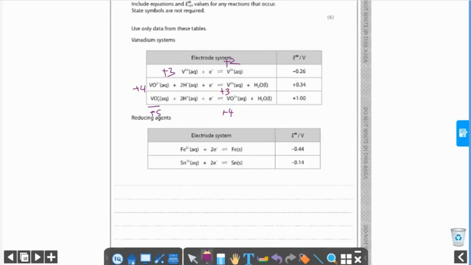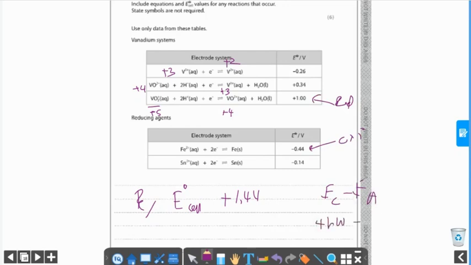So you have to construct the reaction. I'm not going to do this. You have to simply say E cell for iron, if you use iron, is plus 1.44. This is reduction, this is oxidation. E cell is what? E cathode minus E anode. So reduction minus oxidation. Right?